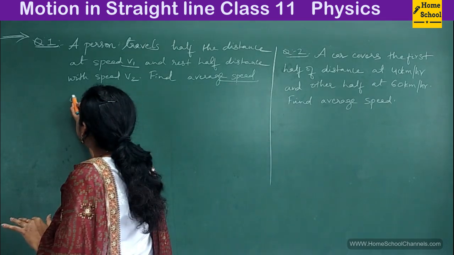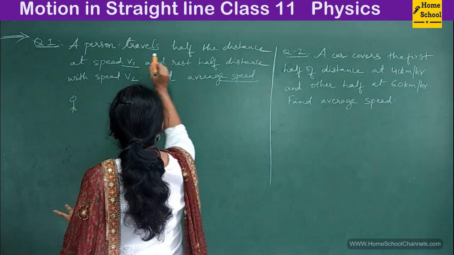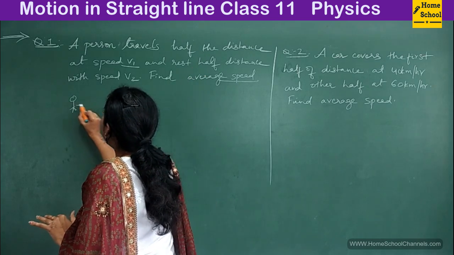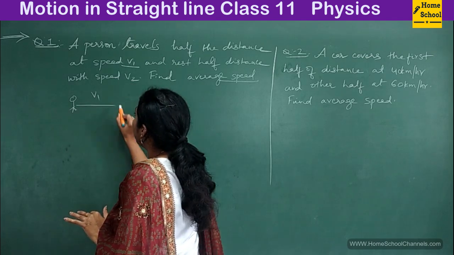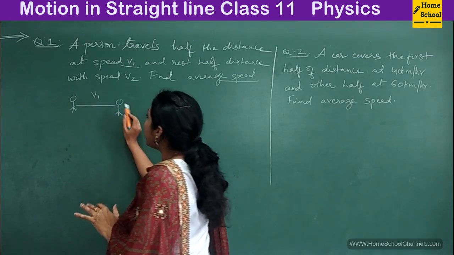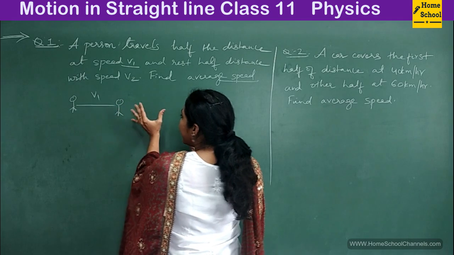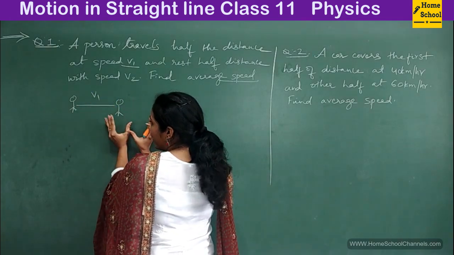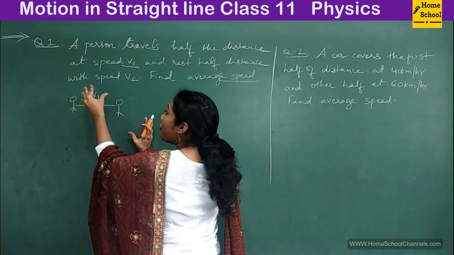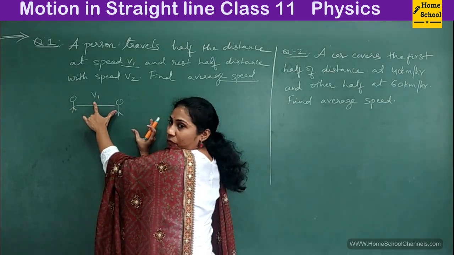So a person, what is he doing? He's traveling half the distance with the speed v1. So this person is halfway. He has not completed his travel. He is halfway, and this half the way he has come with this particular speed, that is v1.